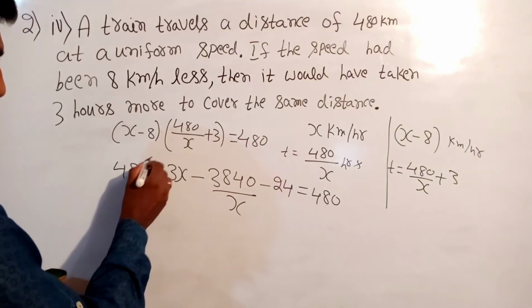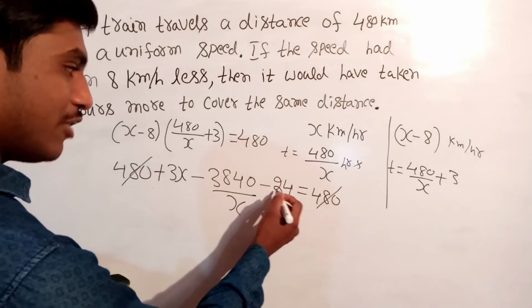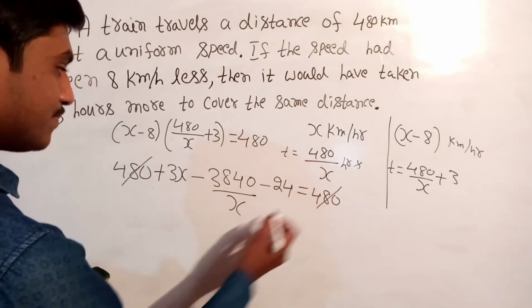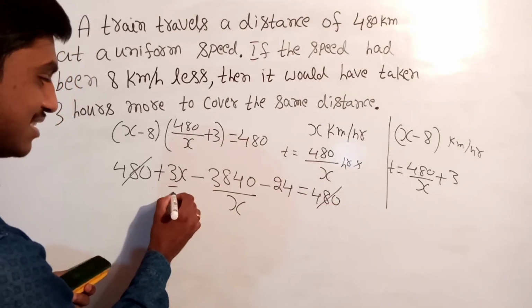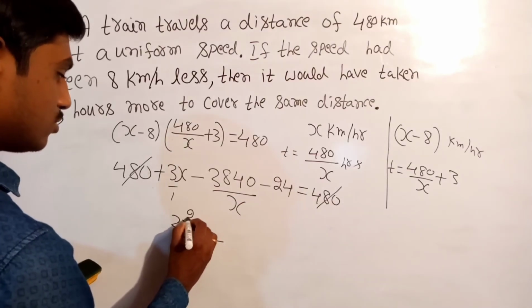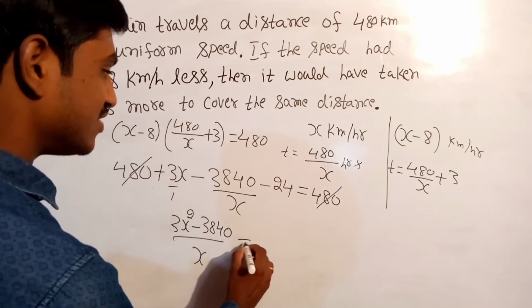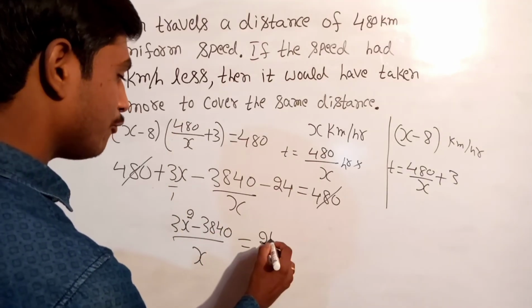Now here on both the sides 480 gets cancelled easily, and 24 if we shift to the RHS, we will be left with, we will take LCM for x and 1 is x, so 3x square minus 3840 divided by x, which is equal to 24.